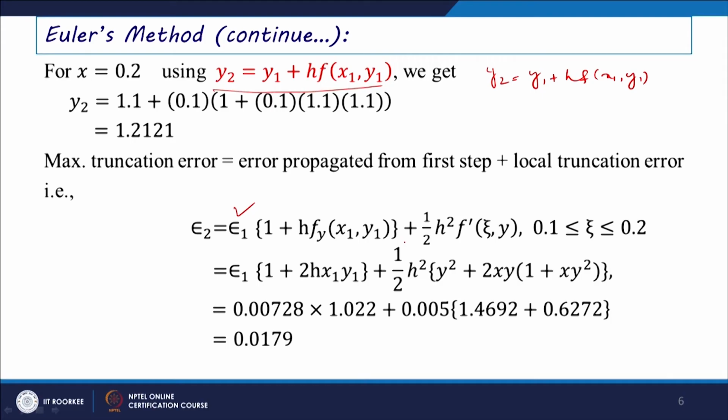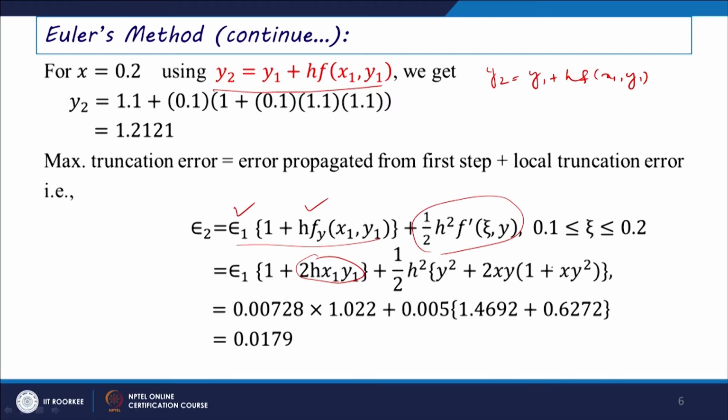So we consider plus half of h square f dash of zeta y plus the local error that is already associated there, this is the error term here. In the complete form, this total error can be written as epsilon 1 into 1 plus h fy of x1 y1, that is nothing but 2h x1 y1 plus half h square into y square plus 2xy into 1 plus xy square here.